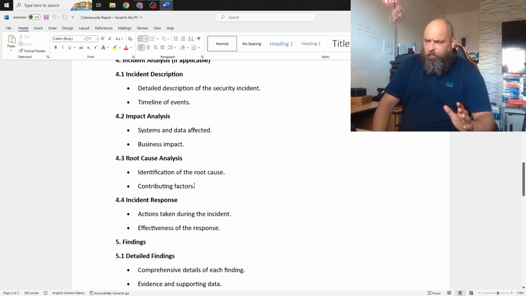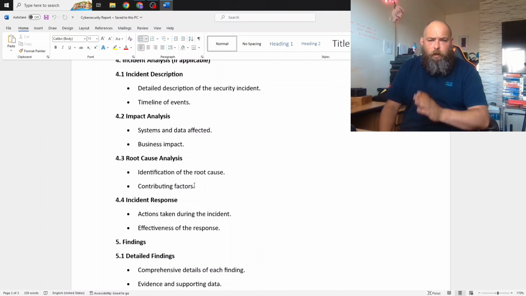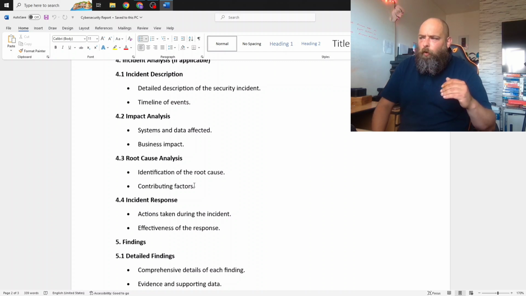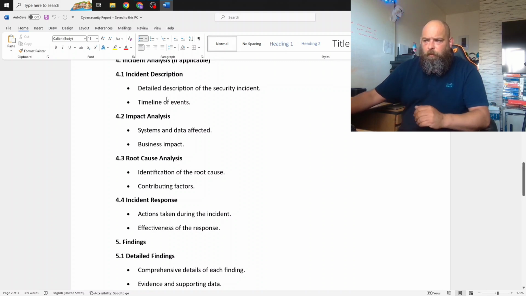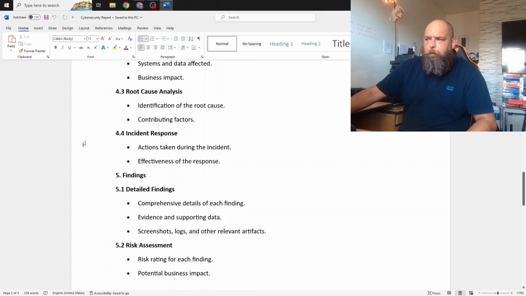Now, a contributing factor is anything that basically contributes or certainly paves the way for a root cause, but isn't itself the overall cause, if that makes any sense. 4.4 sees us with the incident response, so the actions taken during the incident.